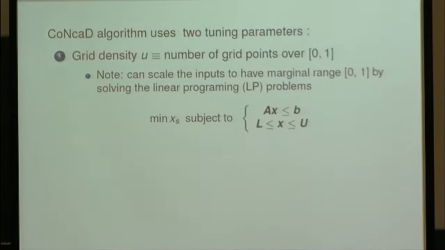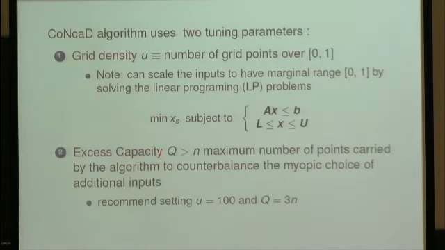Okay, so we have 2 things that we have to decide. One is grid density, so how many grid points do you want in each direction? And the second thing is that it's a good idea to carry more points than you want to end up with, just because we're doing this sequentially, which is not the best thing to do if you want an optimal design.